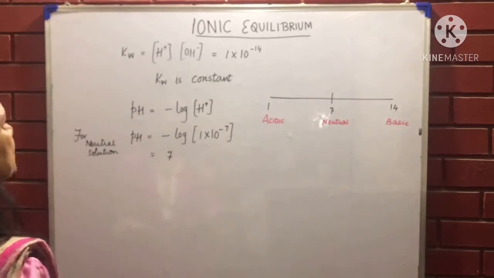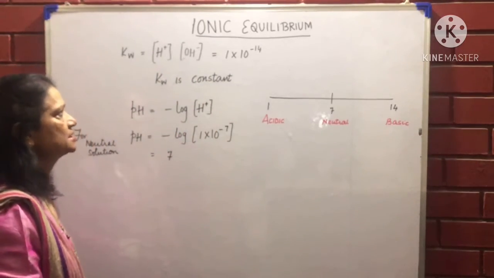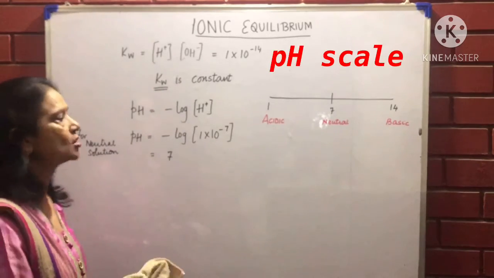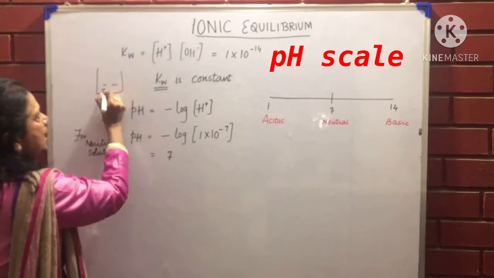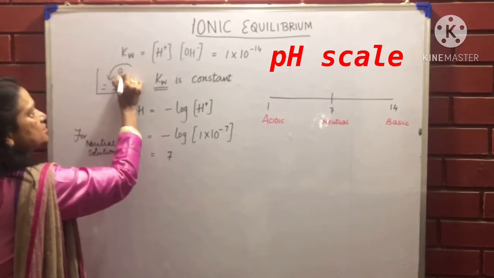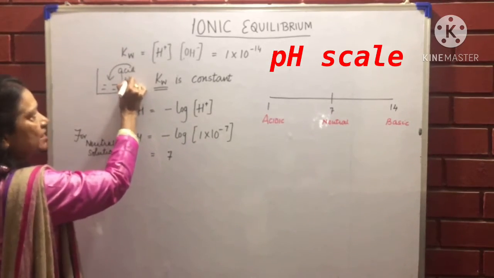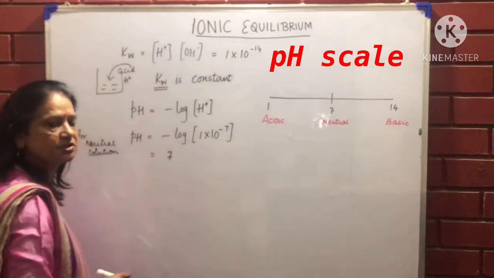Now we know that Kw is equal to H plus ions times OH minus ions, which is 10 to the power minus 14, and Kw is a constant. Now since this is a constant, supposing you have a neutral solution and you are adding an acid to it. If you are adding an acid, you mean H plus ions have been added. So multiplication of these two is always constant.